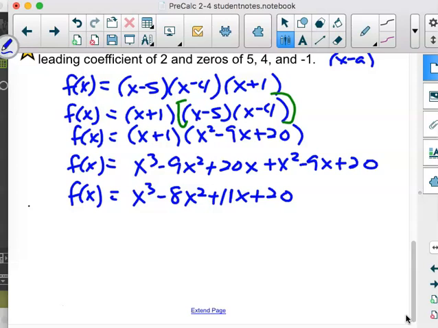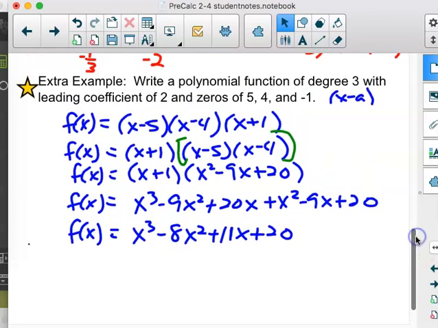So now, that would be perfect if it had just said, write a polynomial function of degree 3 and here's the zeros. But it didn't. It said it needs to have a leading coefficient of 2. So I think, well, what can I do to that so that the leading coefficient would be 2, but the zeros aren't going to change?